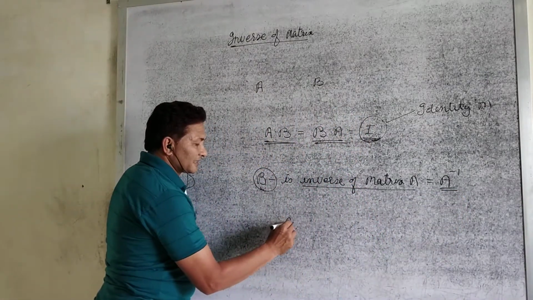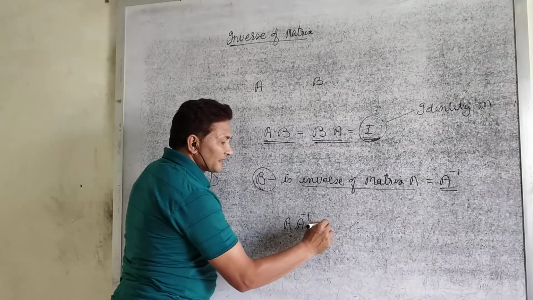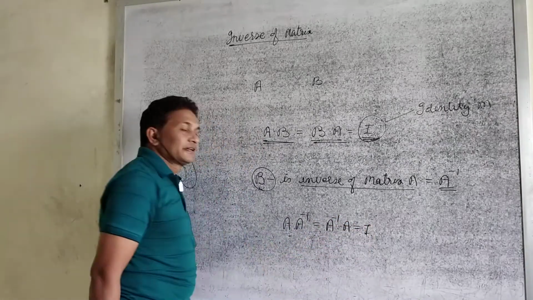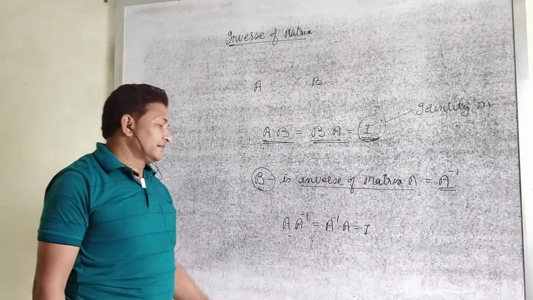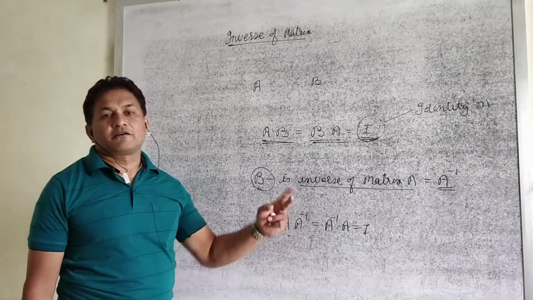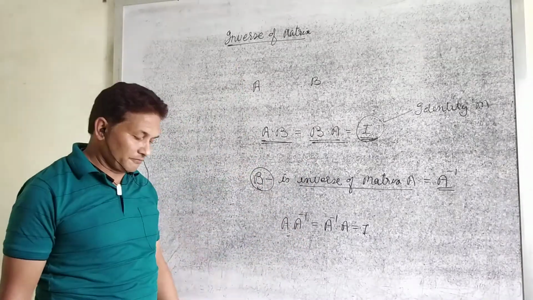Hence we get the definition: A into A inverse or A inverse into A is equal to I. Then these two are inverse matrices of each other.